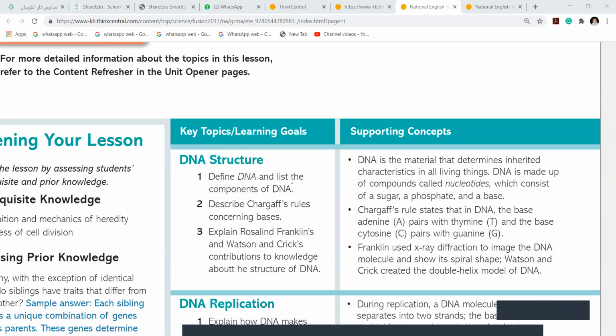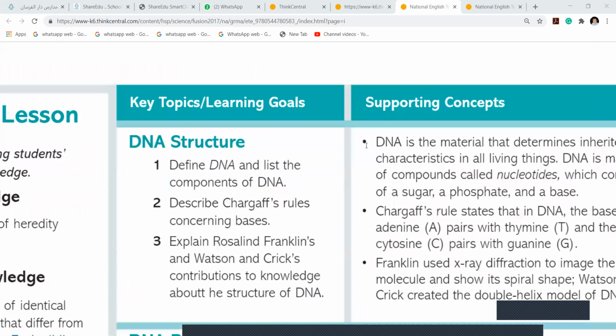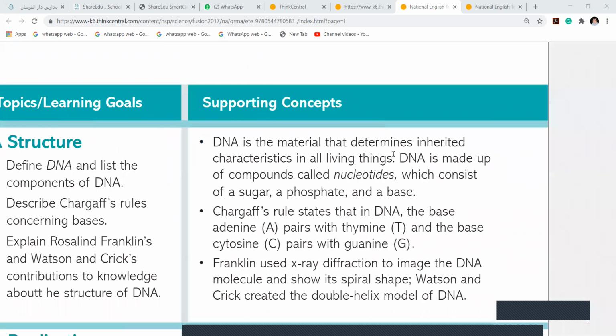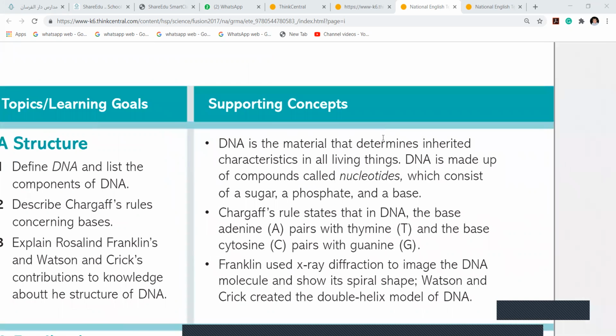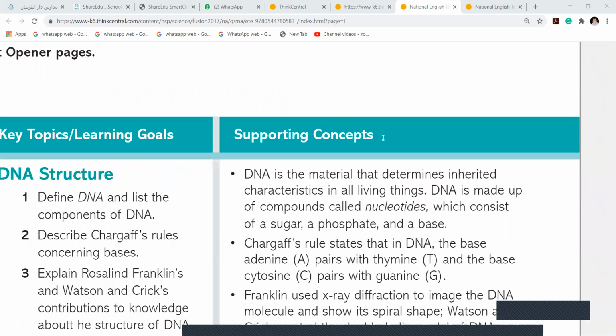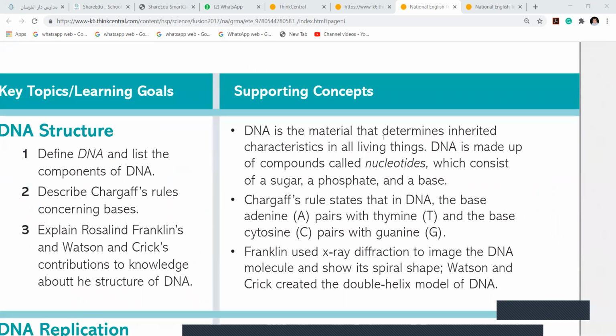Define DNA and list the components of DNA. What is DNA? It is the material that determines inherited characteristics. This is not a page, my dear. If you want, you can take a picture.